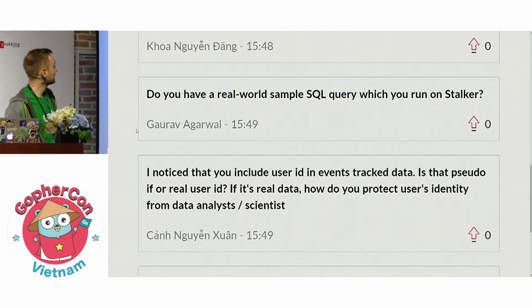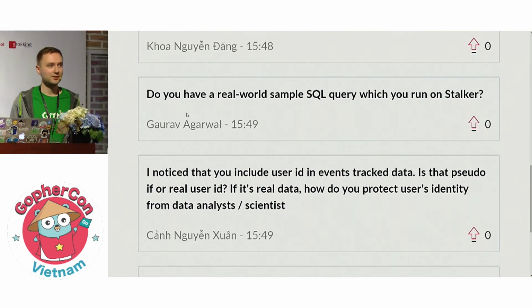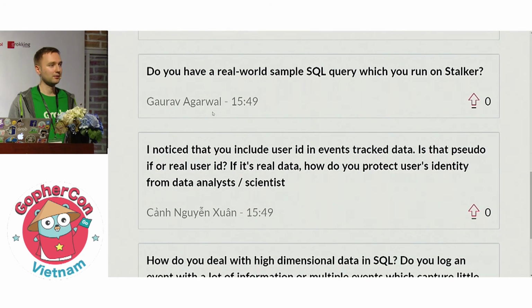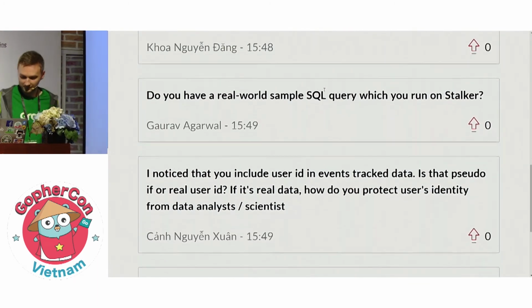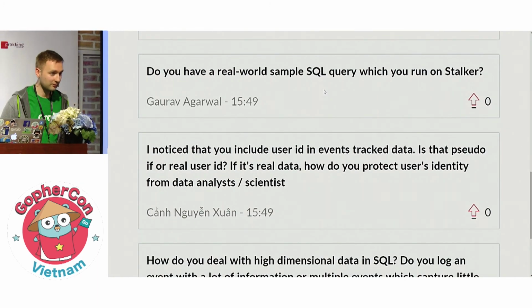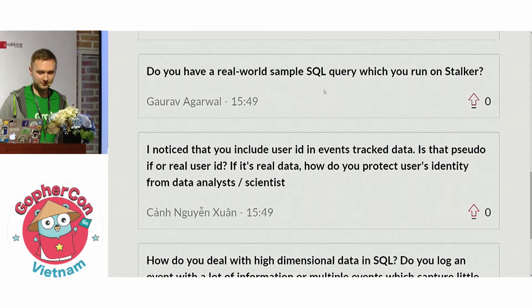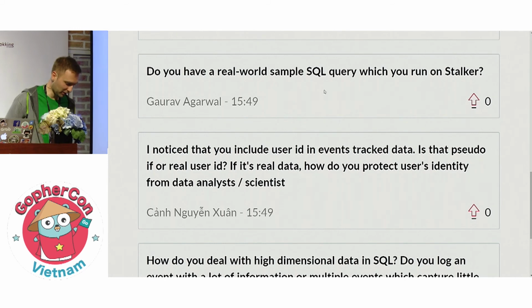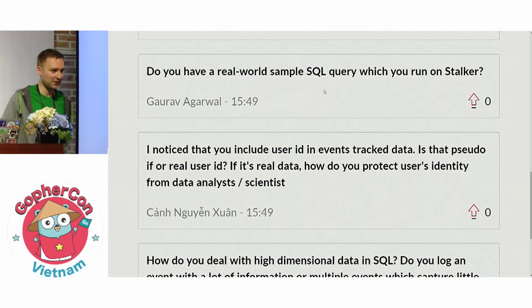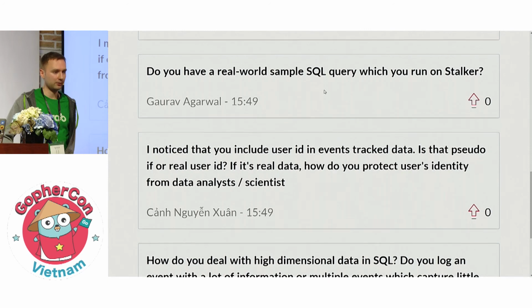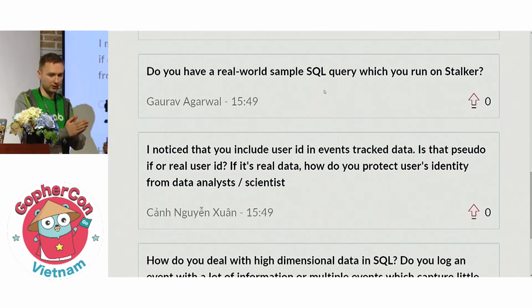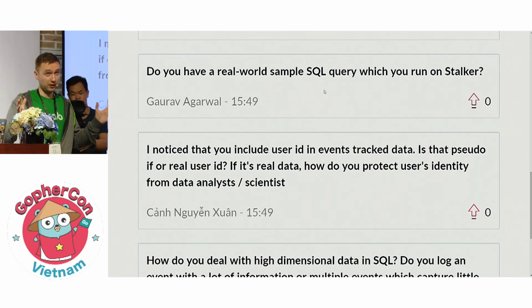So can I get more details on what type of SQL? The SQL query which you had in your example, you were only having one where clause. Yeah, and it was a pretty basic count query. Right. So I cannot show a real SQL query because the data is private, but it can be anything. Essentially, you have a lot of columns.